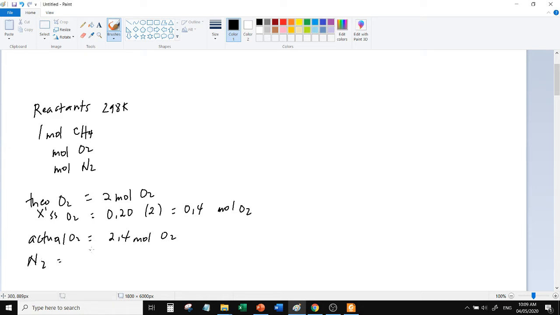For N2, you just multiply the actual O2, 2.4, times the molar ratio of N2 and O2 in air, which is 79 moles of N2 for every 21 moles of O2. So, that's 9.03 moles of N2. So, let's update the diagram. Reactants, 9.03.